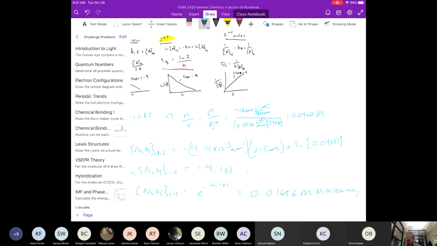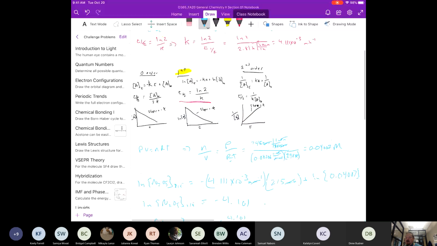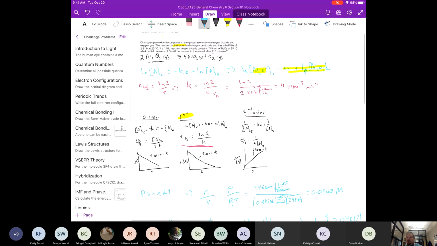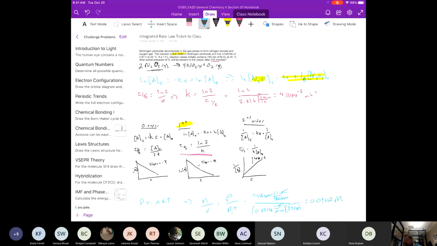Remaining, right? Because we have this balanced equation, we can convert. If we figure out how much of the N2O5 reacted, that's going to be related to the amount of O2 that was formed.